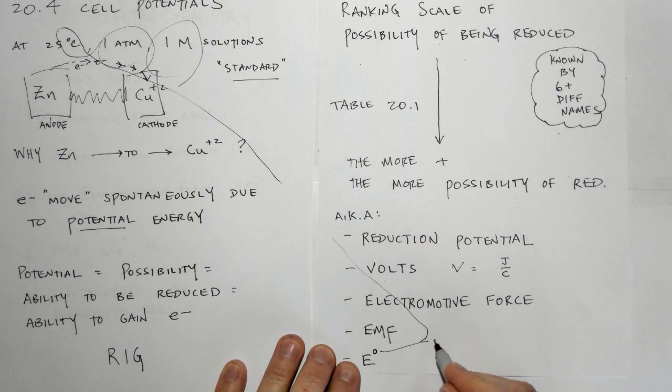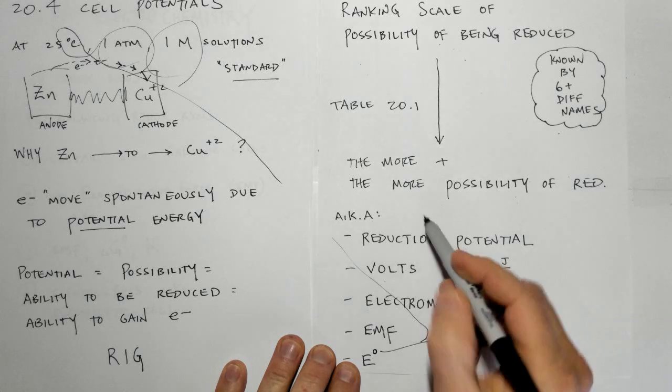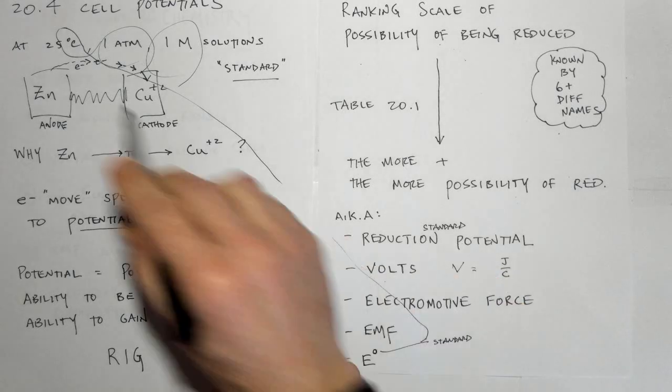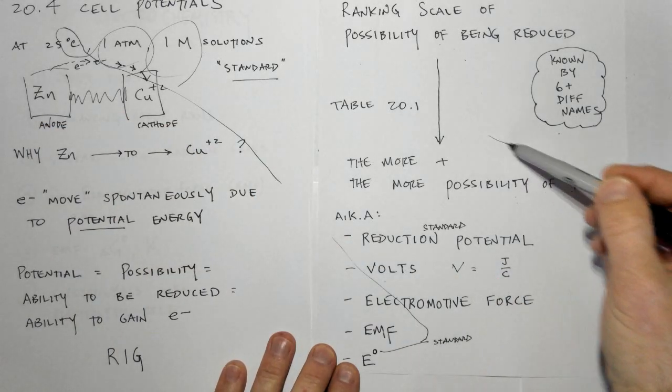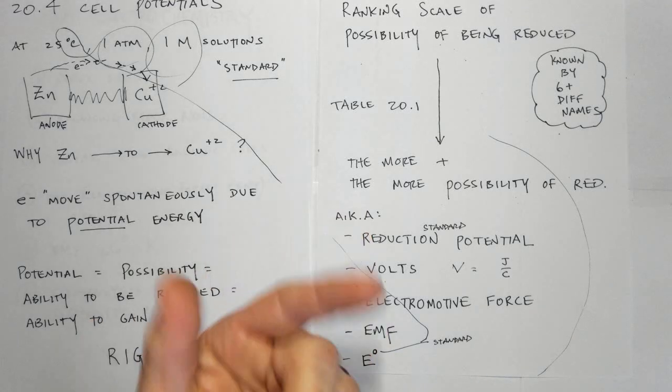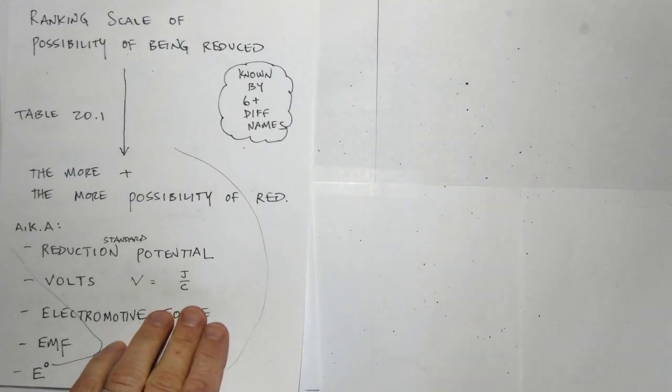It's at standard conditions. And remember, it's called the standard reduction potential because of these conditions. Getting used to all of these words for which one has the most possibility of being reduced is sometimes a mouthful, and so just calling it the E is sometimes the easiest: the E, the electromotive force, the reduction potential, the standard reduction potential.